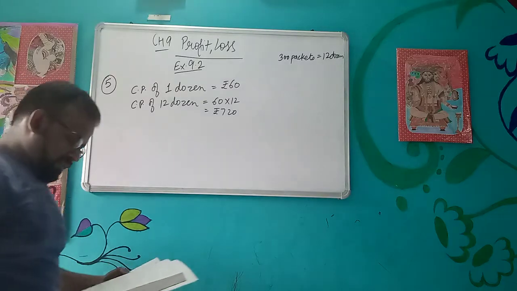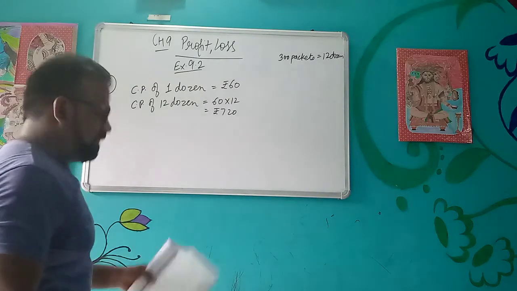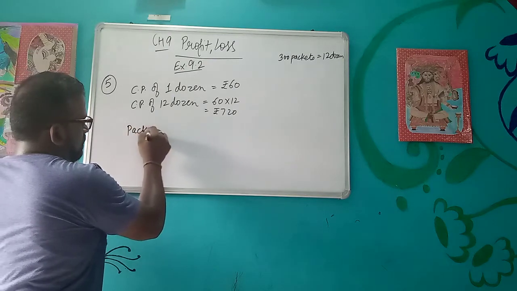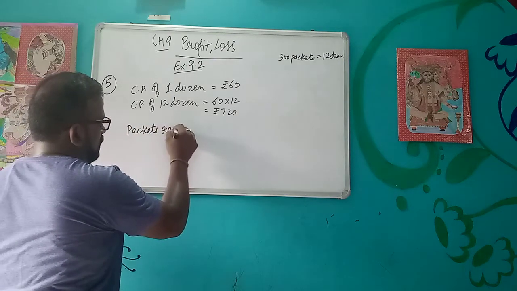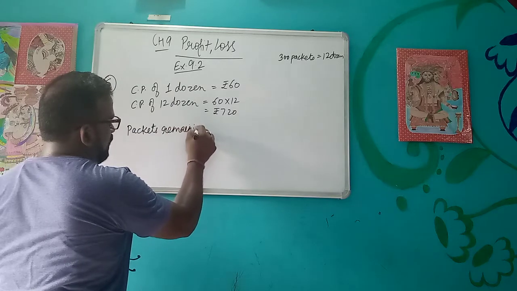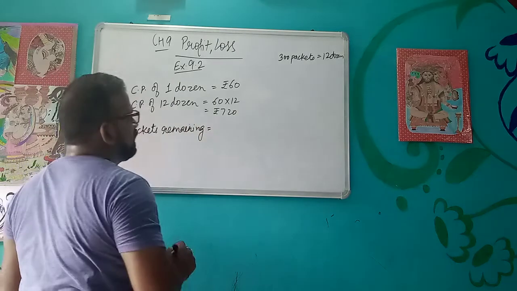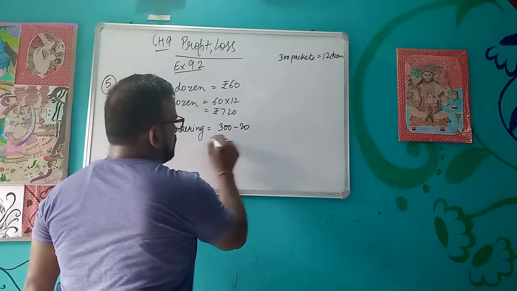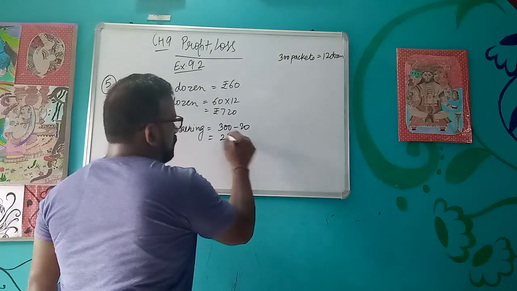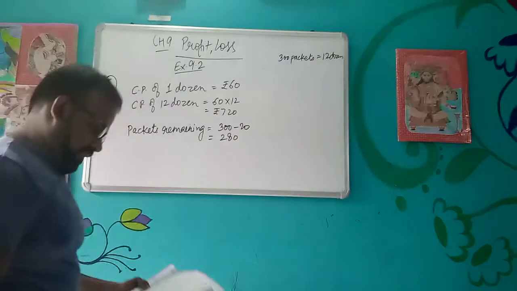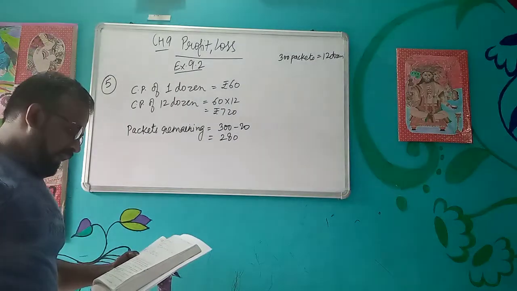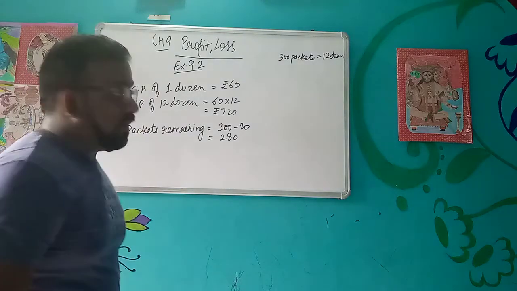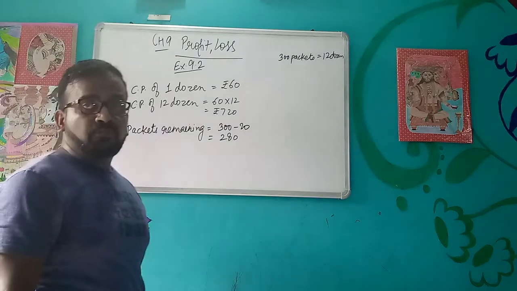Now what is given? 20 of the packets were unfit for sale. So we will calculate the remaining packets. How many are left? 300 minus 20, that is 280 packets are left. And he sold the rest at rupees 7.5 per packet. Now SP is given in terms of per packet.